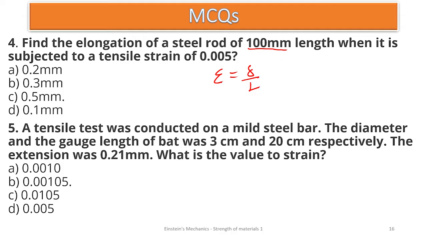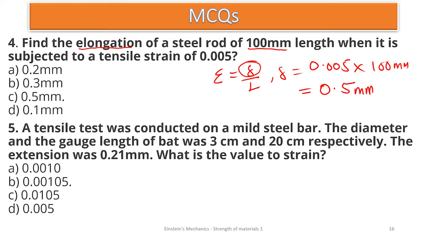And here we are to find the elongation, which is change in length, and that is going to be the strain produced, which is 0.005 multiplying the original length, which is 100 mm, and this is going to give us an answer of what? 0.5 mm. Are we okay? So meaning the answer is what? C, 0.5 mm.